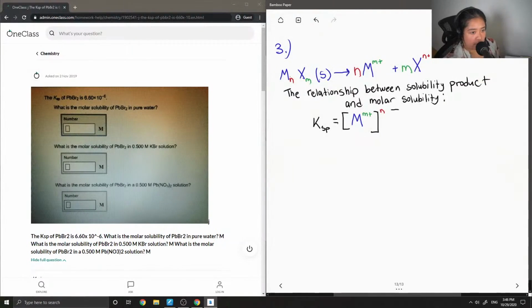And then this is multiplied by the concentration of your anion, in our case just X, to the power of its coefficient.